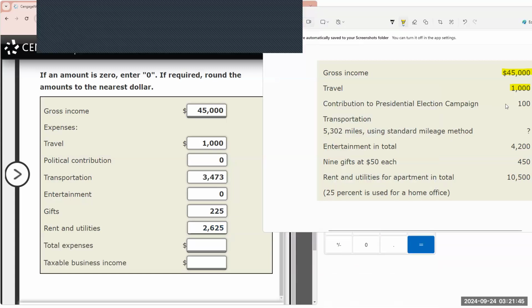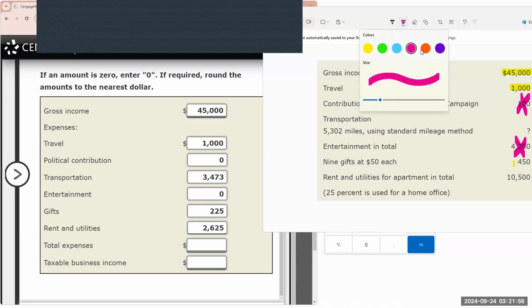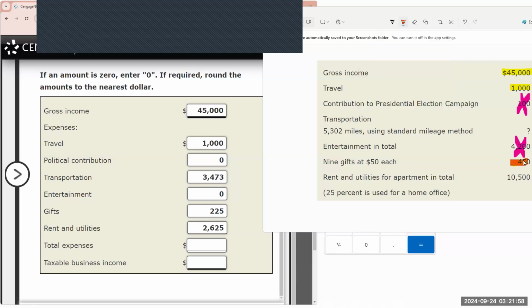So we add up our total expenses. And this one is not deductible. Entertainment is not deductible. And then for these, there's a portion. So because there are limitations, I put those in orange. So the yellow were 100% deductible. The transportation was 5,302 multiplied by the standard mileage rate, which is 65.5.